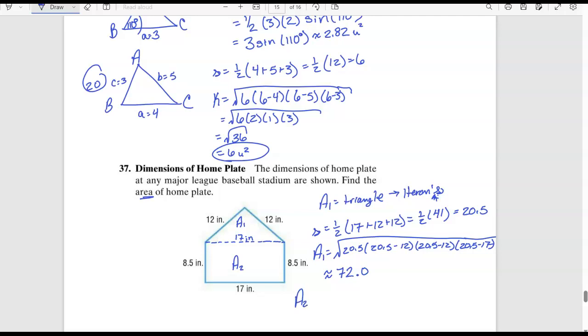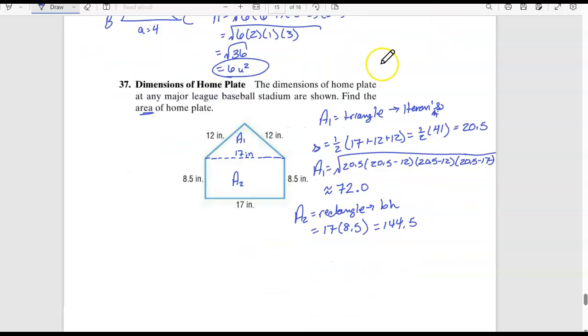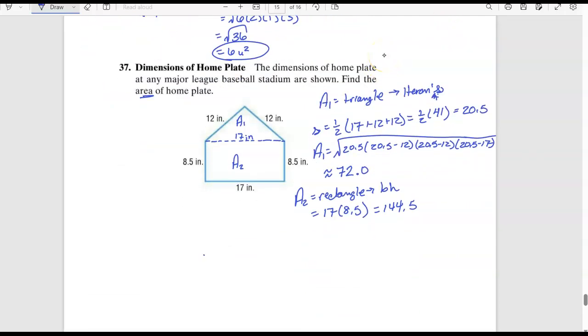Now, area 2 is a rectangle. To find the area of a rectangle, it's base times height. So for that area, it's going to be 17 times 8.5, and 17 times 8.5 is 144.5. So my total area would be when I add those two together.